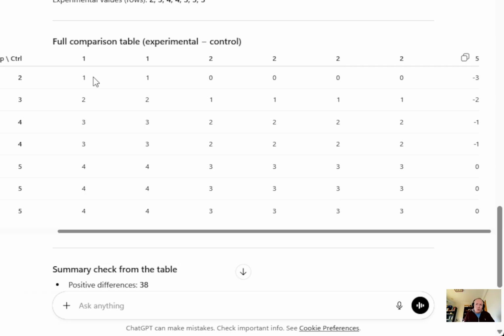Well, these are non-parametric statistics.